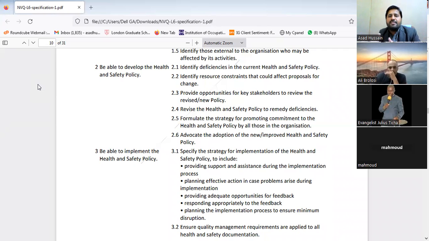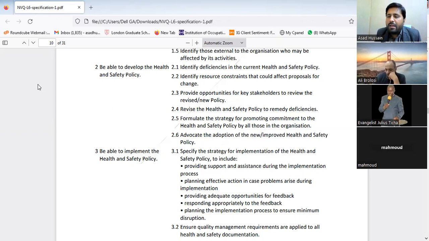Just review that, and suggest how you are thinking about these changes. Once most of them are showing they are going with you, that what you have done is fine for them, then you will communicate the health and safety policy. So we can consider the review meeting is okay.